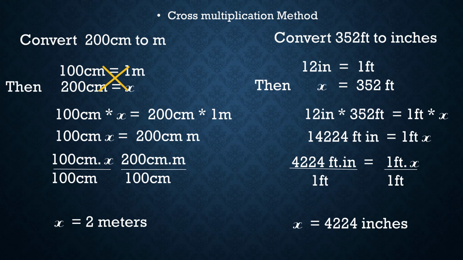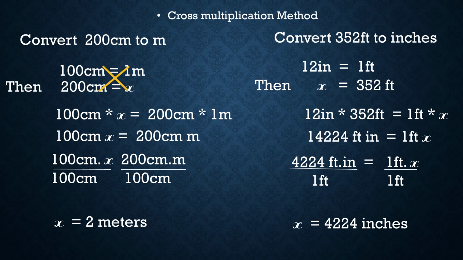To get our x, we divide both sides by 100 centimeters. When they cancel out, we get 2 meters in the end, so it means that x is equal to 2 meters.